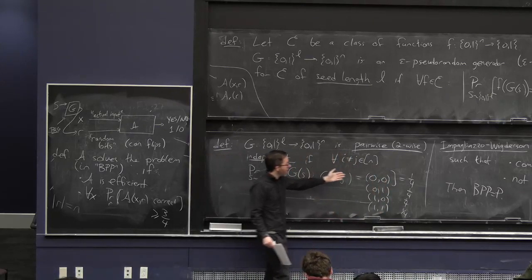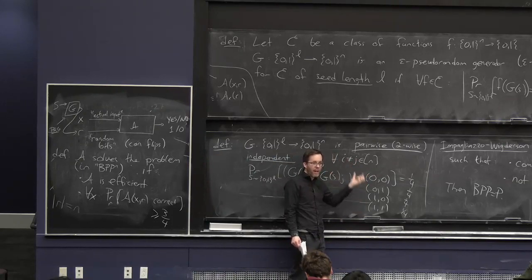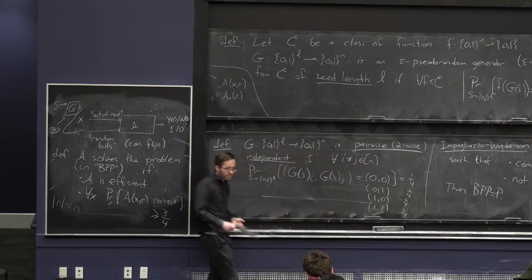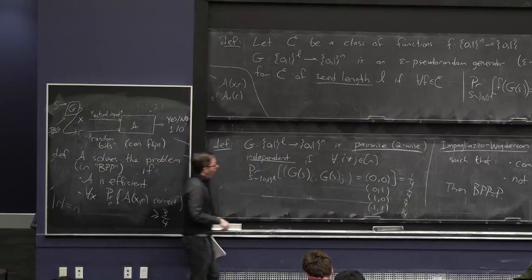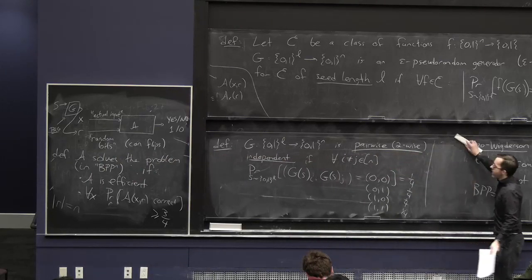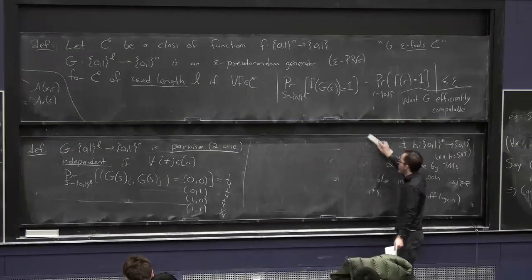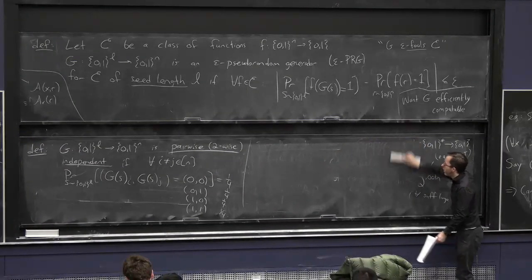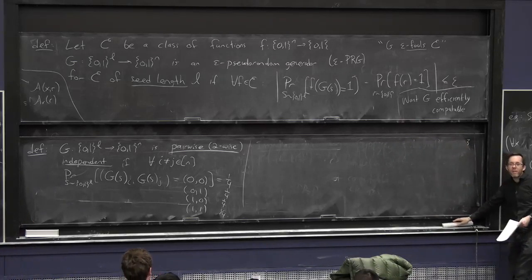They really mean that the ith bit and the jth bit are both independent of each other and uniformly distributed. In general, pairwise independence is a property of a bunch of random variables. If you have a bunch of random variables, you say they're pairwise independent if any 2 of them are independent. And this is not the same as them all being mutually independent.